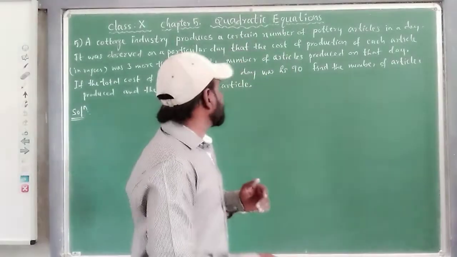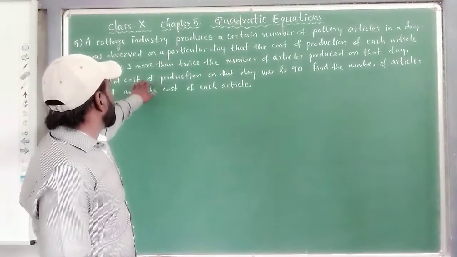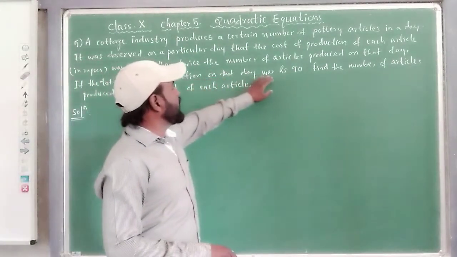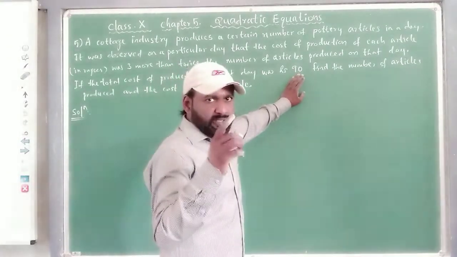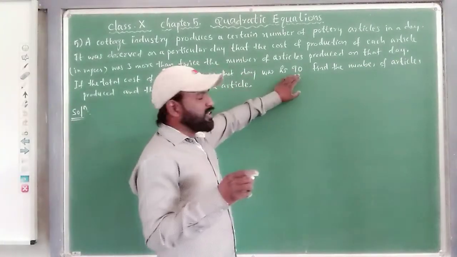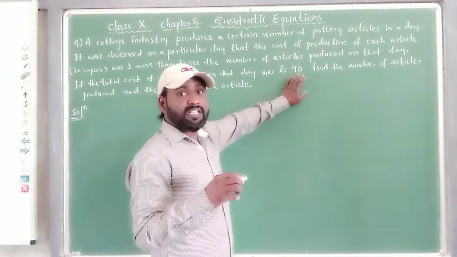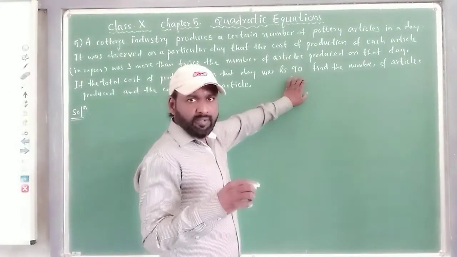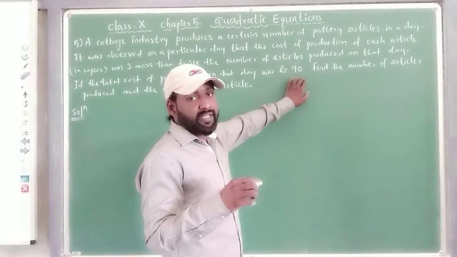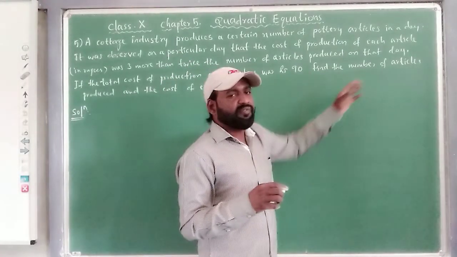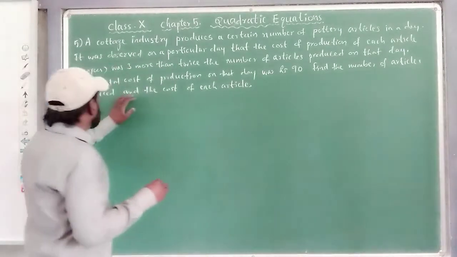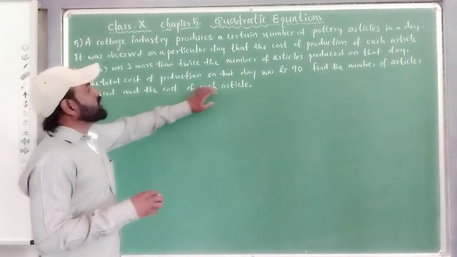If the total cost of production on that day was rupees 90, find the number of articles produced on that day and the cost of each article.